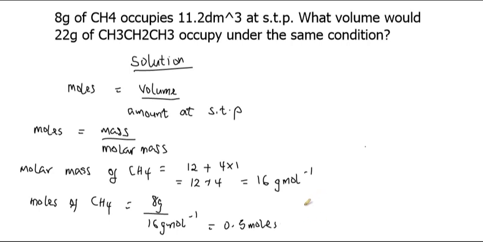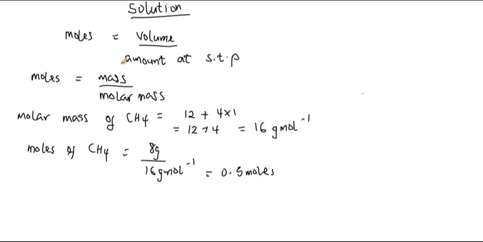So now, coming back to our formula here, that moles is equal to volume over amount at s.t.p. So we've gotten the moles and we've been given volume from the question. So amount at s.t.p now will then be equal to volume over moles.